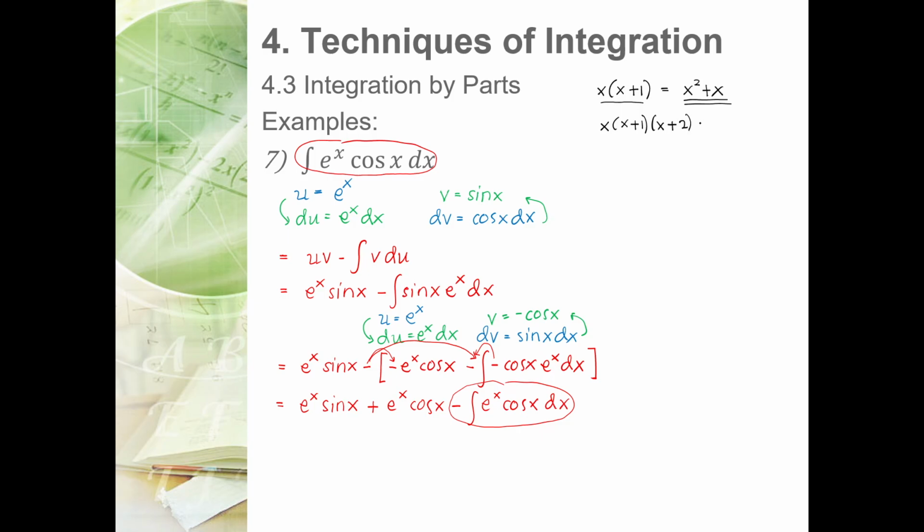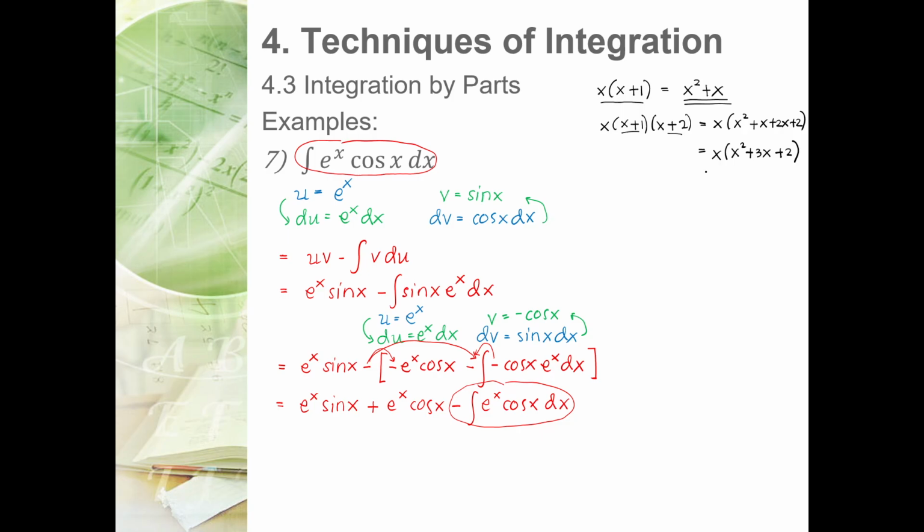For example, in this equation, we need to multiply the binomial first. So this becomes x times x squared plus x plus 2x plus 2. And then the next step is x times x squared plus 3x plus 2.